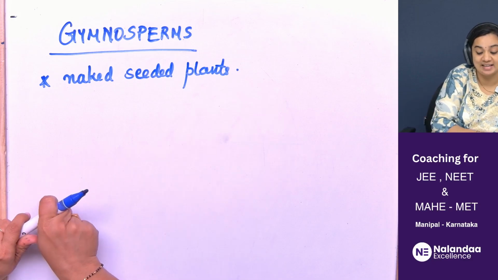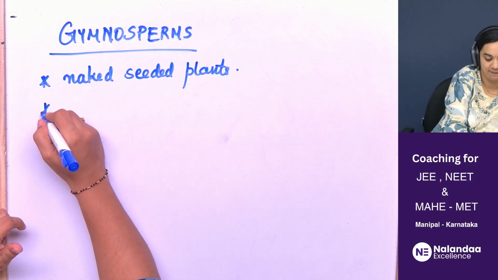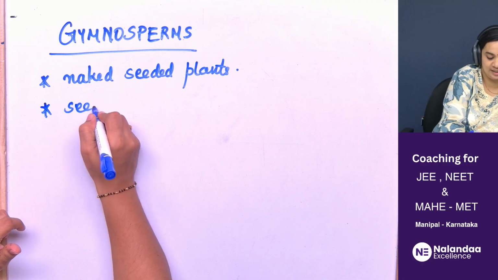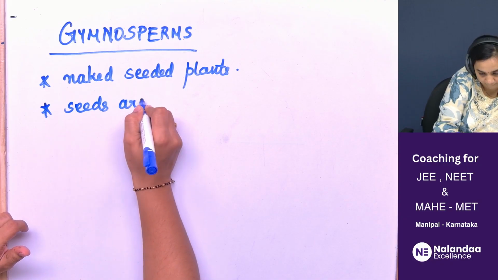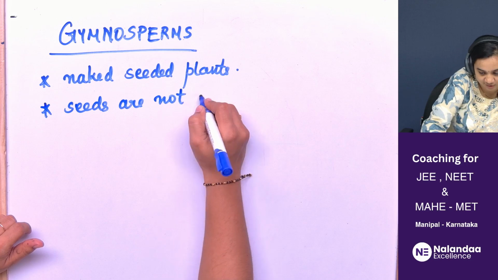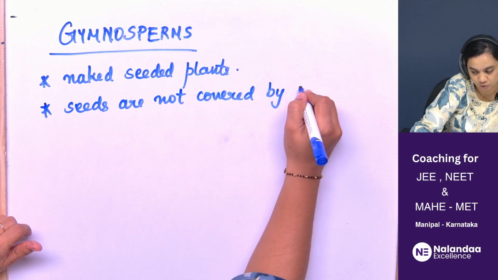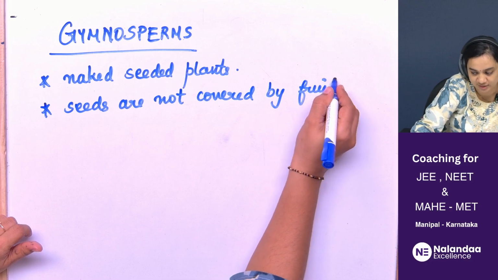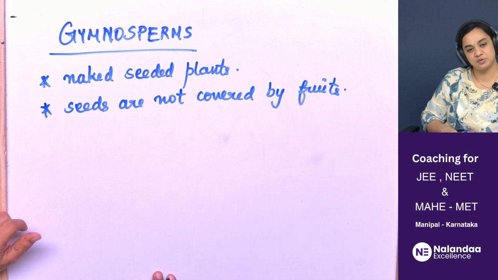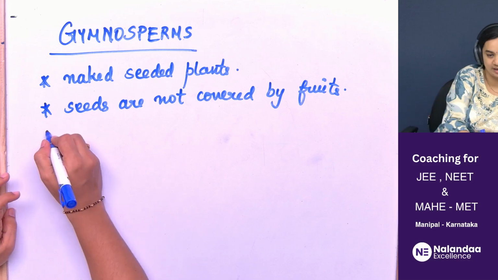Gymnosperms are naked seeded plants, meaning the seeds are not covered by fruits. Seeds are not enclosed within fruits, as opposed to your angiosperms where seeds are enclosed by fruits, correct?